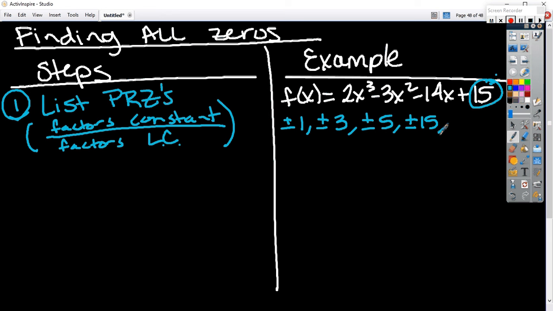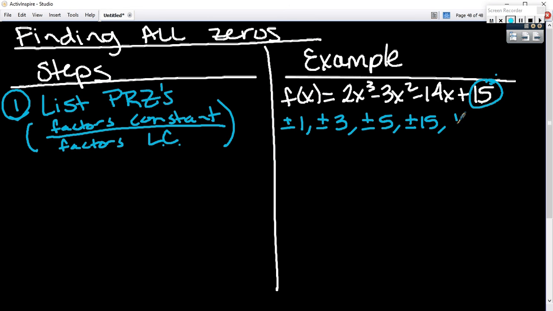Now I have to divide them all by 2, right? So they become fractions. So I've got 1/2, 3/2, 5/2, and 15/2. Is anybody confused there?